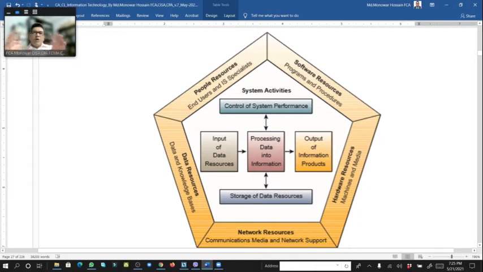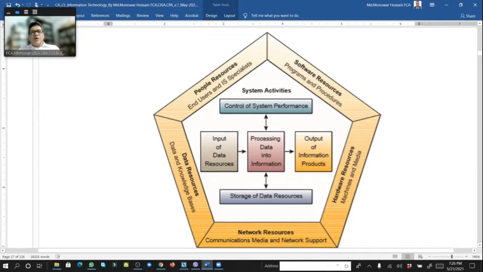Within all these resources, input of data resources goes to the processing of data into information, which goes to output of information products. After processing, we can also make storage for the data resource, and control of the system performance.